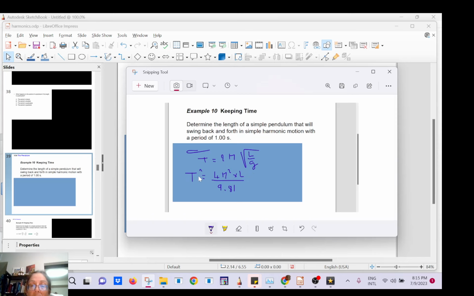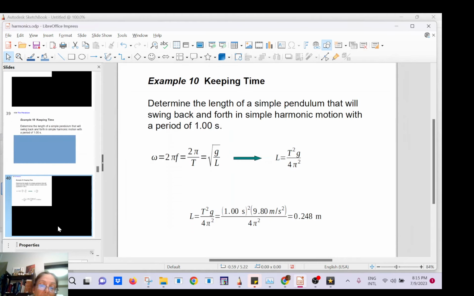And the period is 1, but we already know that, right? So 1 equals 4 pi squared times L over 9.81. And I told you we should get 0.25 meters, because a pendulum with a period of 1 second has a length of 0.25.